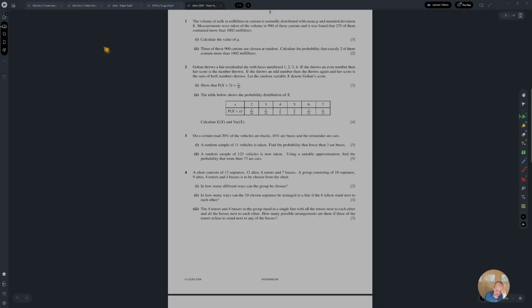What have you learned? You learned that you consider this as a single letter and you count it using the same rules that you've learned before. And then you have to consider the number of arrangements within the group, all right?